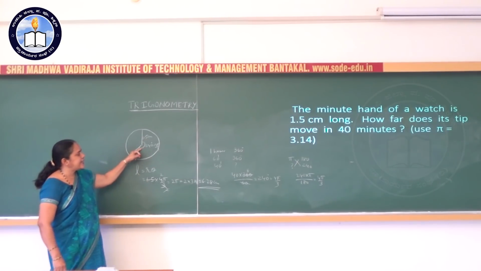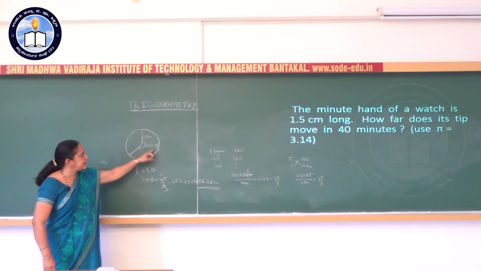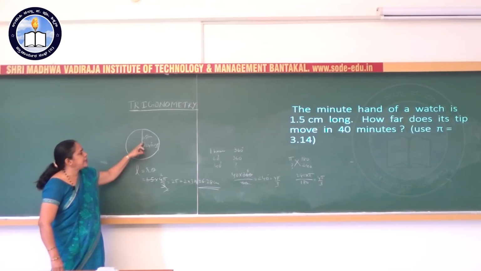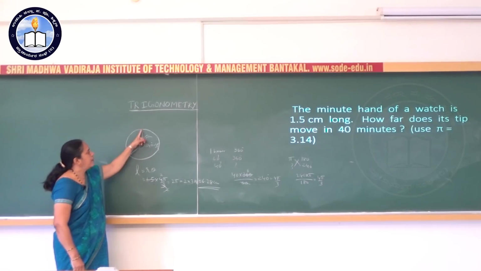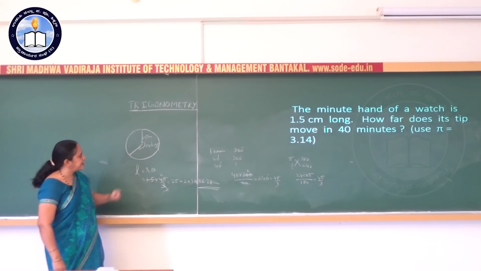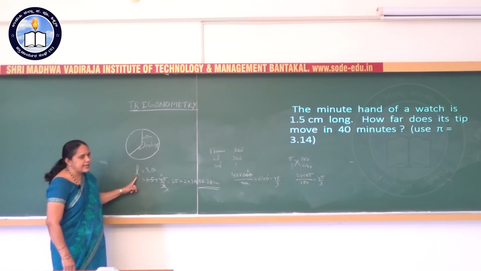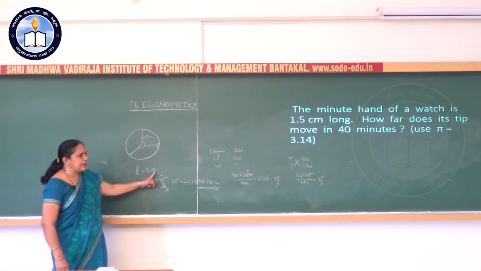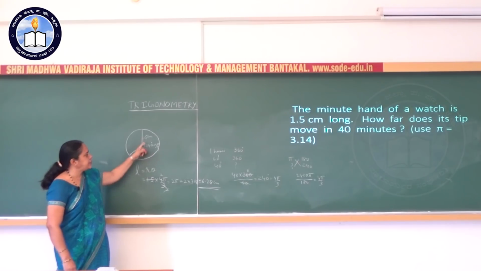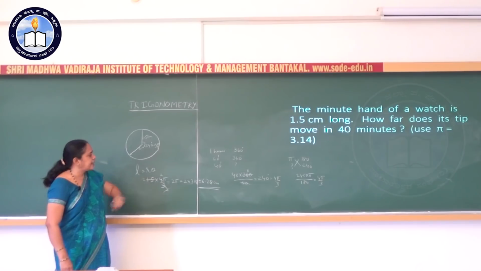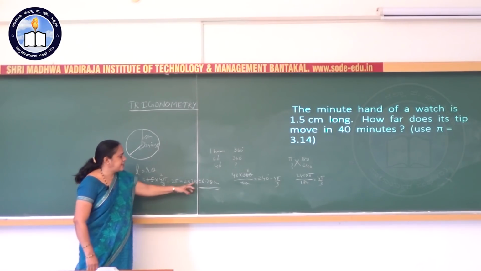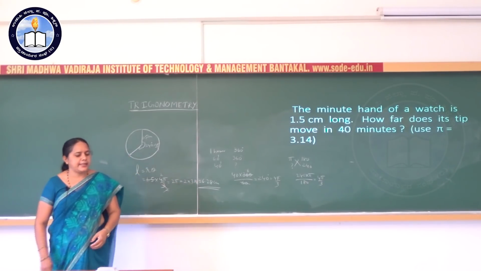So the central angle is 4 pi by 3 radians, and the length of the minute hand given is 1.5 centimeter. This is nothing but the radius of the circle. So L is equal to r into theta. The length of an arc is given by radius into central angle. So radius 1.5, central angle 4 pi by 3, answer 6.28 centimeter.